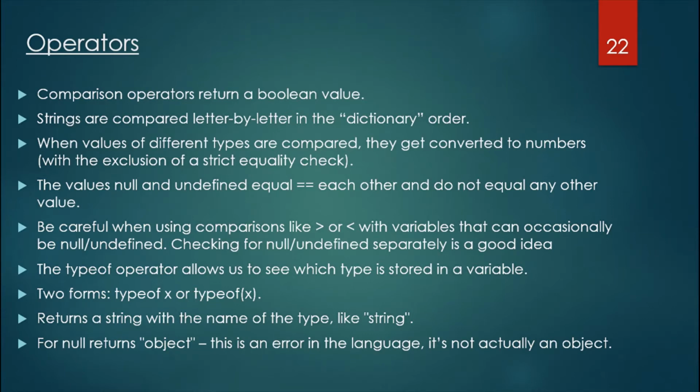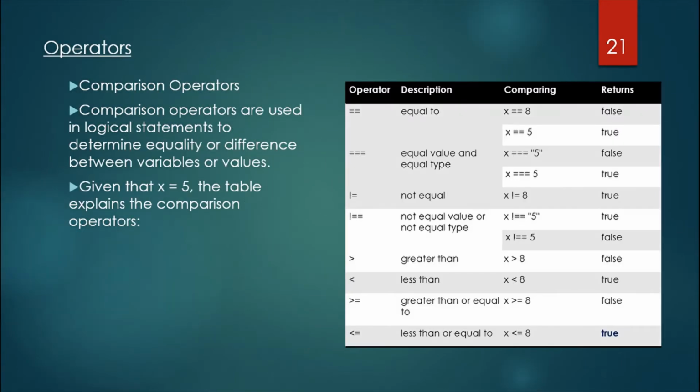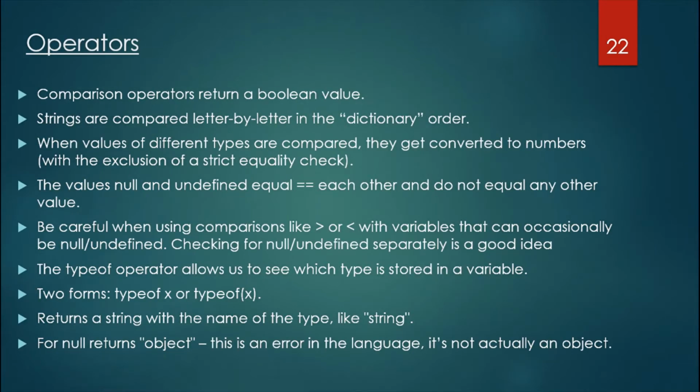When values of different types are compared, they get converted to numbers, except with the strict equality check. We have already seen here that we are checking a string against x, whose value is a number.